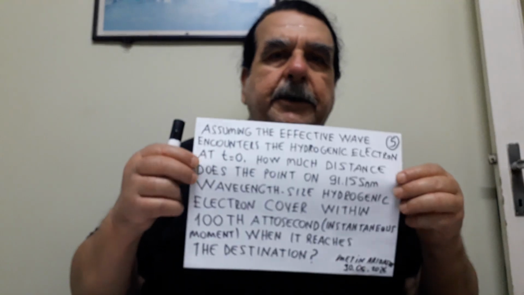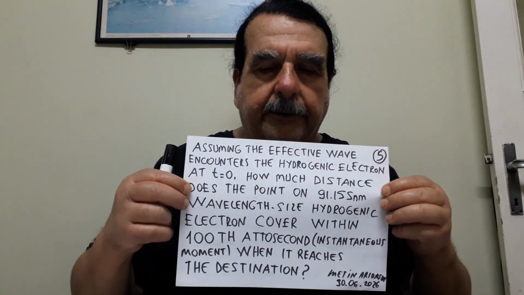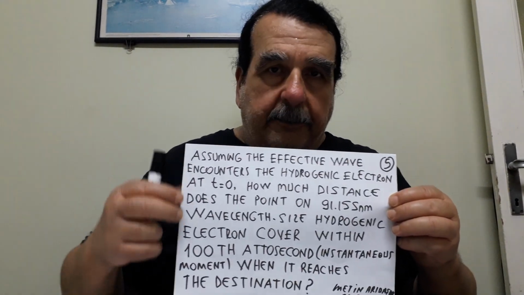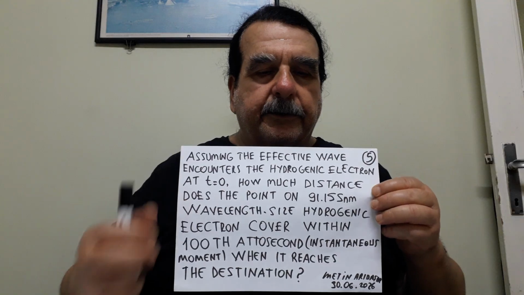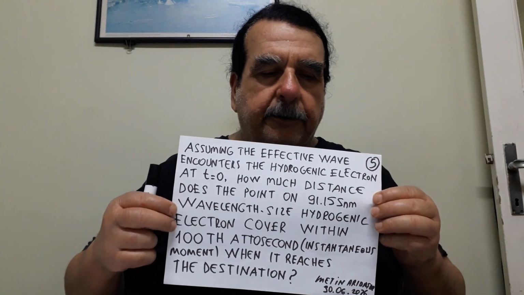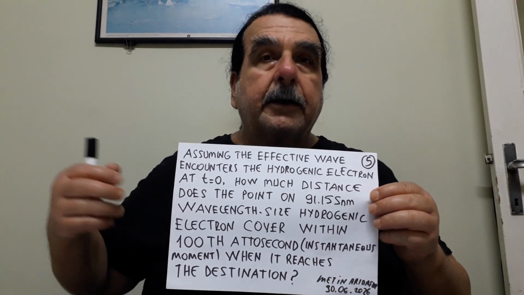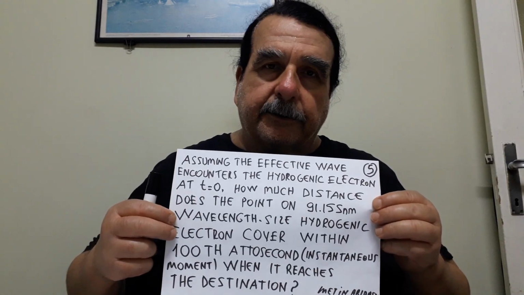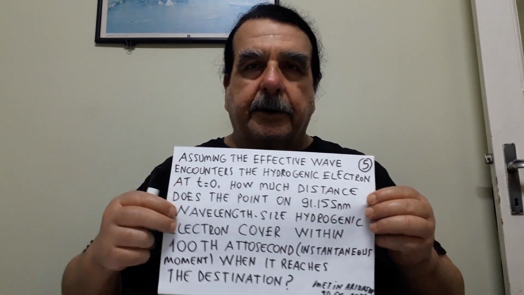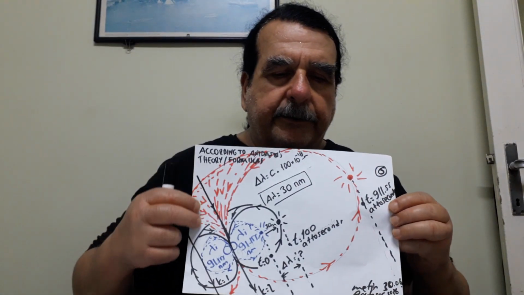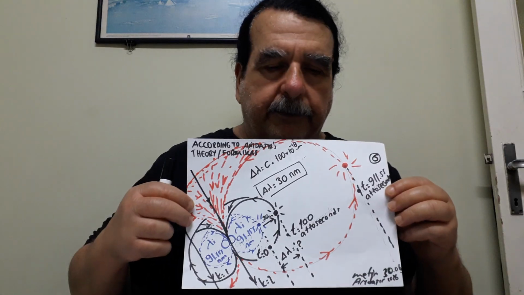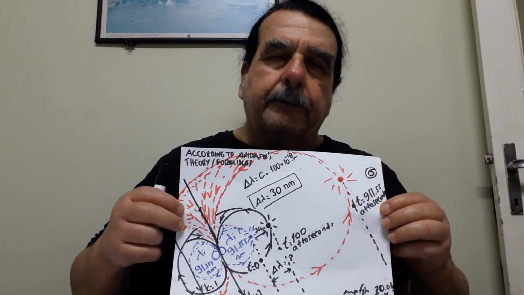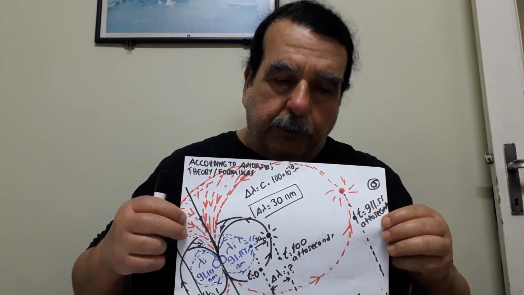Okay. 5. Assuming the effective wave encounters a hygienic electron at time equals 0, how much distance does the point on the 91 nanometer initial wavelength size hygienic electron cover within 100 attosecond instantaneous moment when it reaches the destination? 6. A point on a ground state hygienic electron surface with an initial radius of 91.155 nanometer moves.